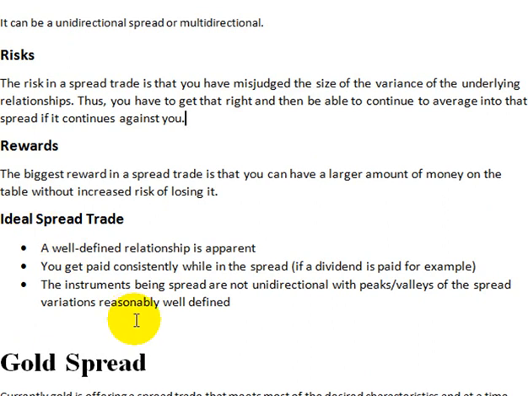A spread trade is a way to do that. What's the ideal spread trade? Well, the ideal spread trade is you have a well-defined relationship that's apparent and you know what it is. Ideally, you get paid to just sit there. Even if you don't make money on the spread, you'd like to have some sort of a dividend being paid to you for being in that spread.